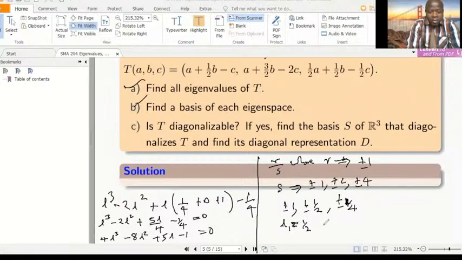Then now use synthetic division. I have a half there, and the coefficients here are 4, negative 8, 5, and negative 1. Bring this 4 down. 4 times a half gives us 2.